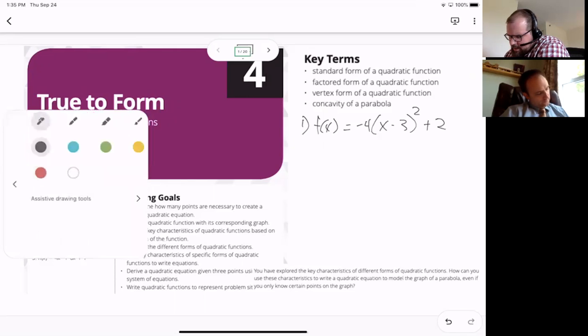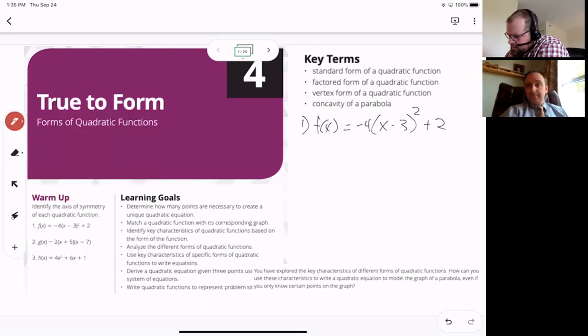One of the things that I noticed from the work that we did last time is that this is something called vertex form. And oh, look, vertex is a key term for us. And one of the things we talked about in last week's activity was that we could find the vertex based on identifying some points here, and that's going to be our x and y values, 3, 2 for my vertex.